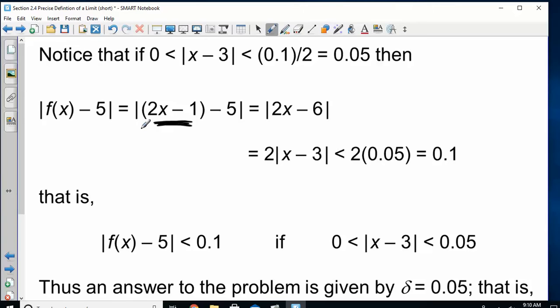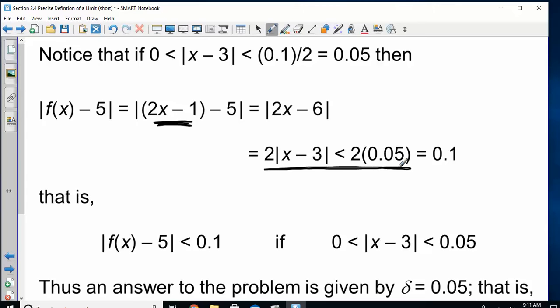It's positive, so it could come outside the absolute value, right? Okay, then right here I had 2 times the absolute value of x minus 3. At the very beginning I made an assumption that the distance between x and 3 was going to be less than 0.05. So I was able to say this is less than 2 times 0.05, which is 0.1.